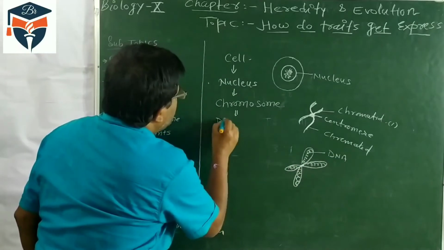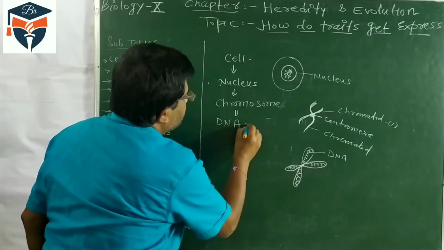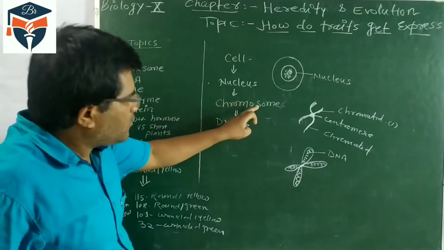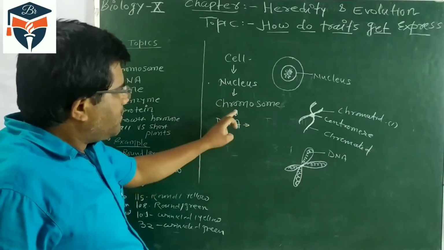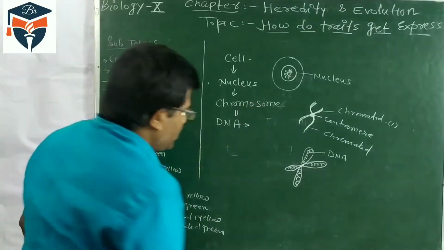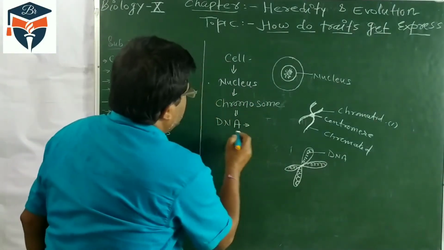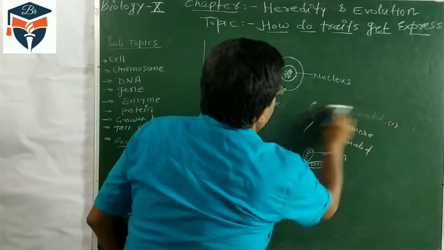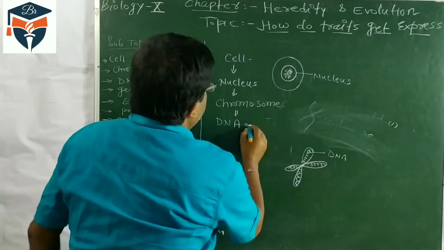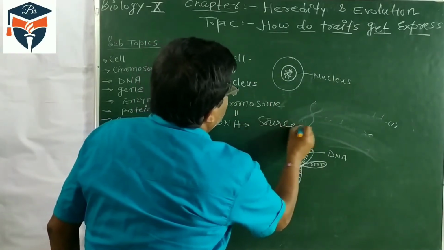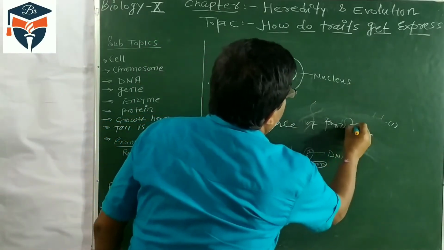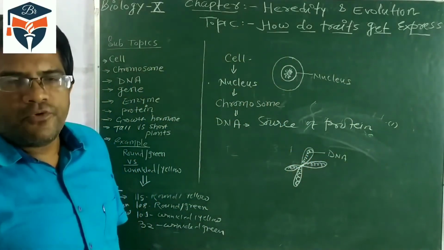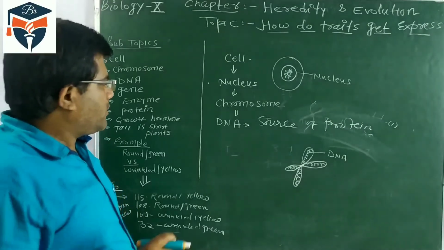So what is there in the chromosome? DNA. Inside the cell is a nucleus, in the nucleus there is a chromosome, and inside the chromosome there is DNA. This DNA is a source of protein. It means DNA is useful for the synthesis of protein.